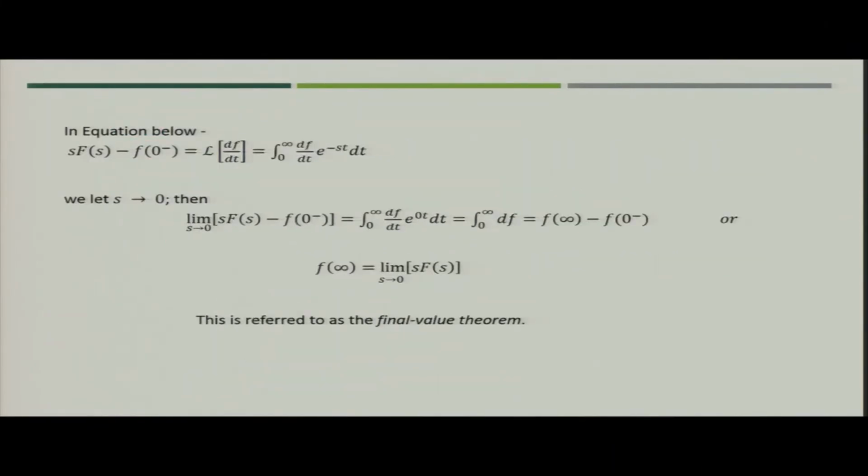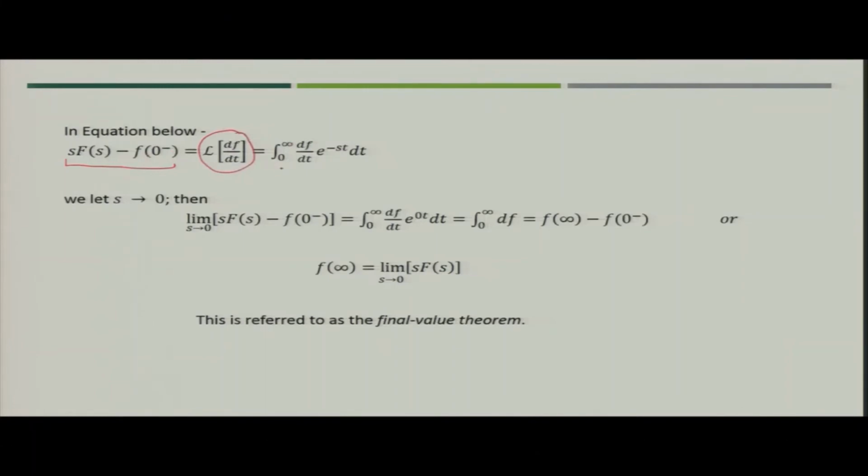Now, in case of the final value theorem, let us take the same property of the Laplace transform for df by dt. So, Laplace of df by dt is nothing but sF(s) minus f(0).